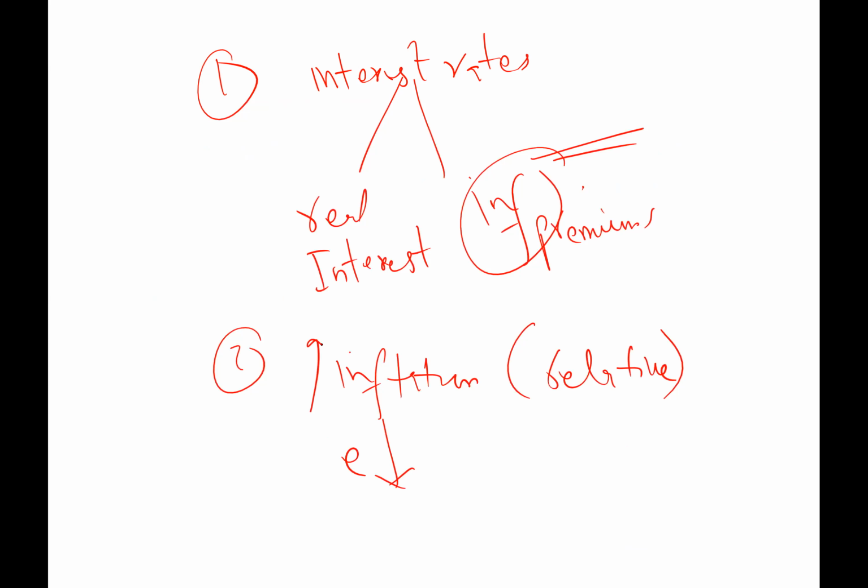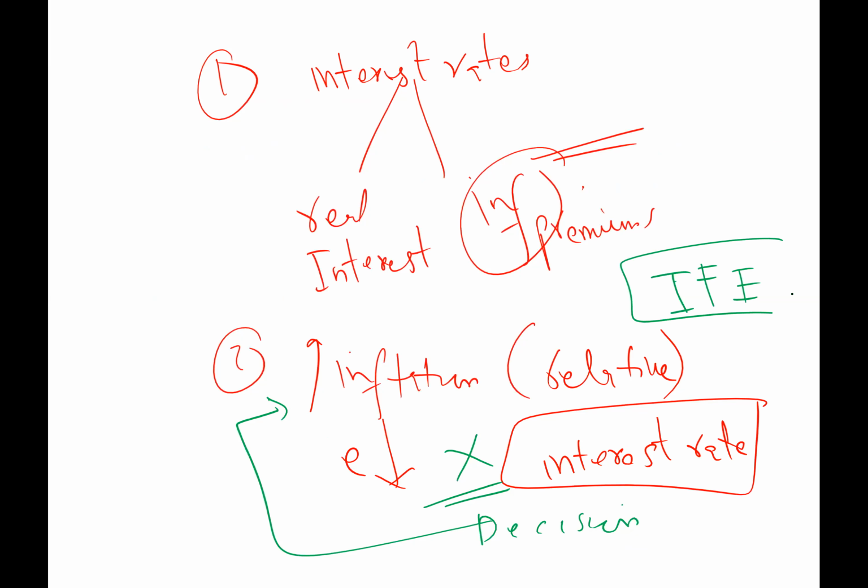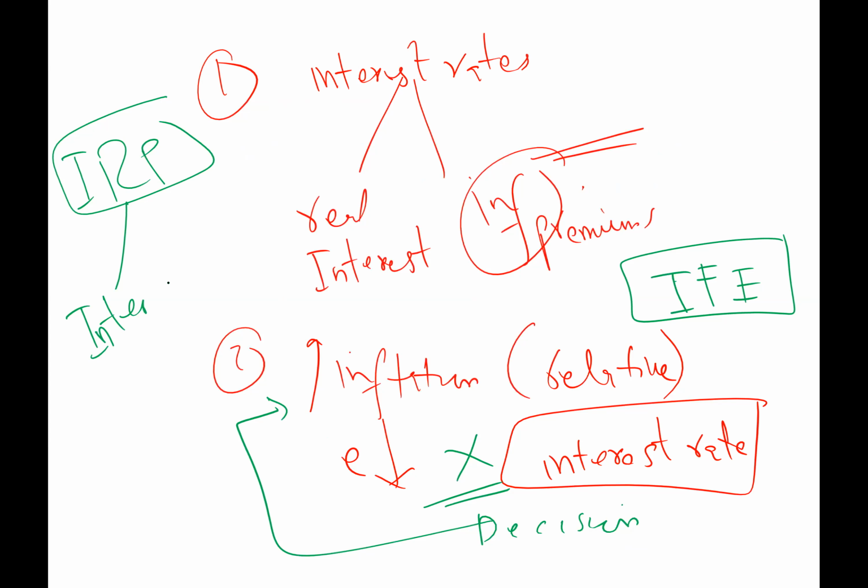So your analysis is not based on interest rate. The decision is not based on interest rate, rather the decision is based on inflation. So that is the crux of the international Fisher effect, while in interest rate parity, the decision is on interest.